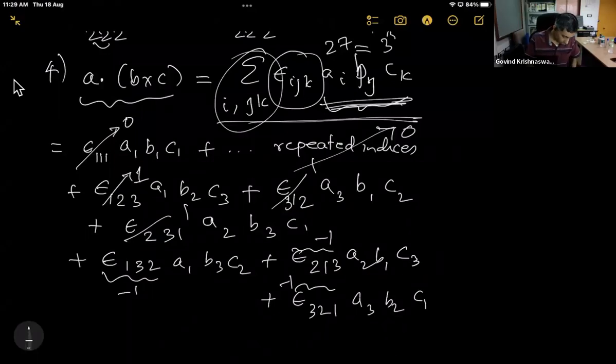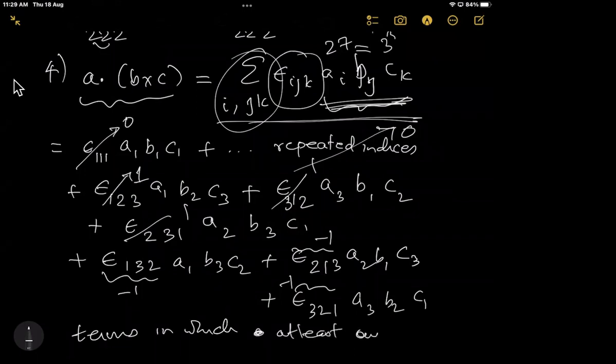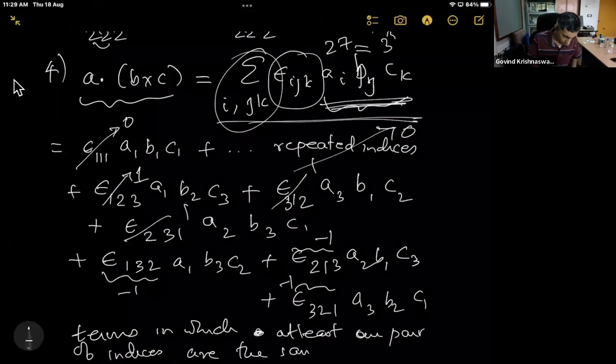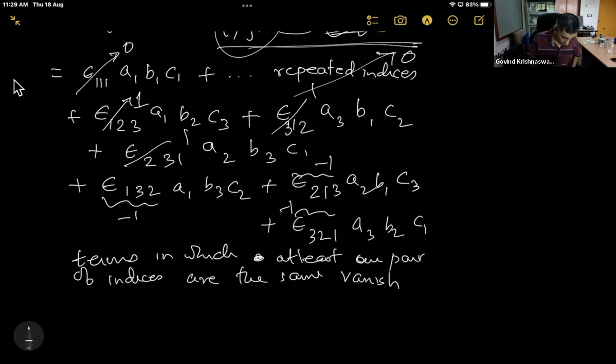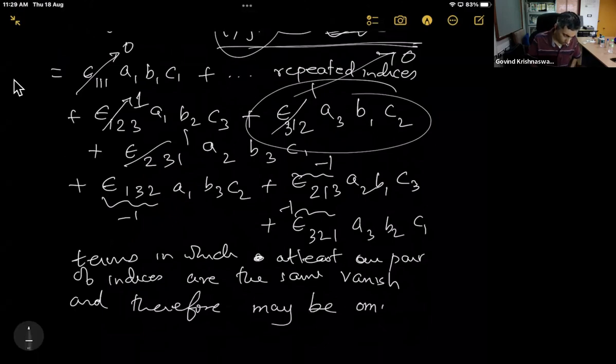So you could say that terms in which at least one pair of indices are the same vanish, and therefore may be omitted.